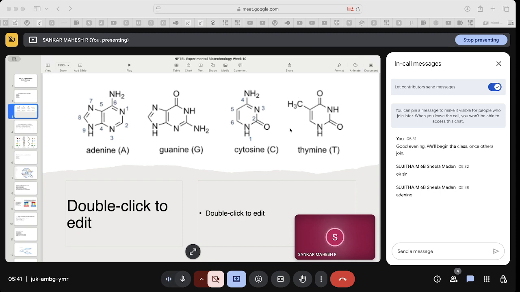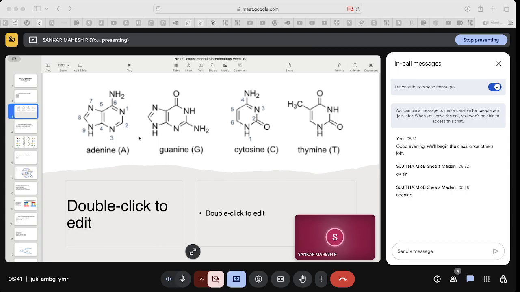In addition to this, you also have uracil, which has one more modification to cytosine and thymine. And it's always the case that one purine will hydrogen bond with a pyrimidine, and that is how it is observed in DNA.